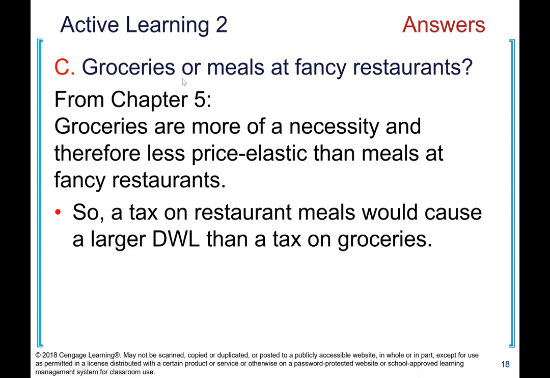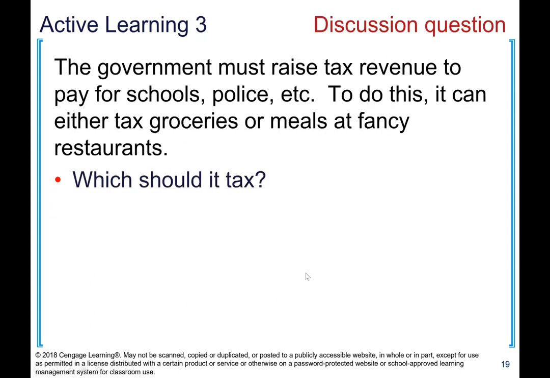Number C, groceries or meals at fancy restaurants. Also from chapter 5, groceries are more of a necessity and therefore less price elastic than meals at fancy restaurants. Consumers don't have much of a choice. If you raise tax on groceries, they will still buy groceries. So a tax on restaurant meals would cause a larger deadweight loss than a tax on groceries.